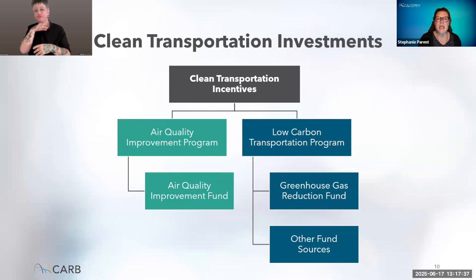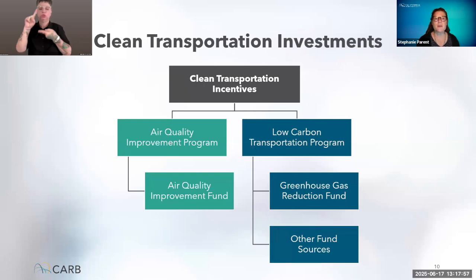The Low Carbon Transportation Program is part of the California Climate Investments. California Climate Investments is funded by proceeds from the sale of state-owned allowances from quarterly cap-and-trade auctions that are deposited into the Greenhouse Gas Reduction Fund.